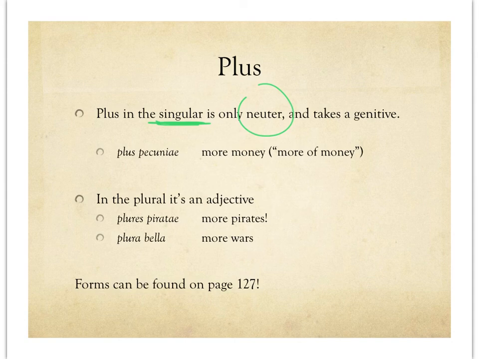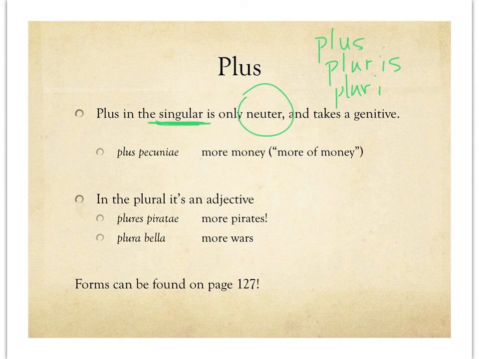But the form plus itself is regular as far as it goes. It's plus, pluris, pluri, etc. It looks just as you would expect it to if it were an IUS form, just like peius or difficilius or something like that.